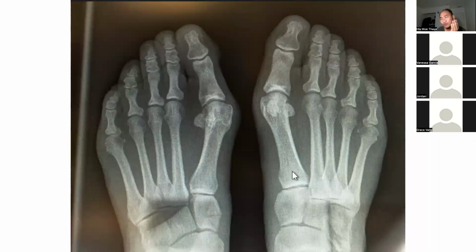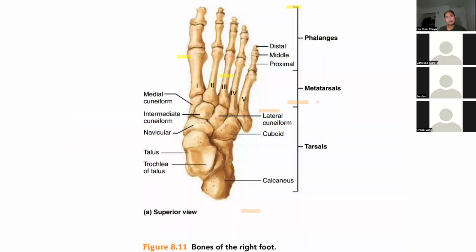So now if we do an X-ray for the feet, right and left, we can see the metatarsals. So this is the big toe metatarsal, first metatarsal, second metatarsal, third metatarsal, fourth metatarsal, and fifth metatarsal. This X-ray is the same as this one.